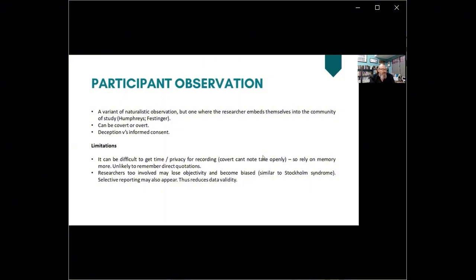Now, this gives us a couple of ethical concerns, and we'll come back to ethics in a few moments' time. But it does involve deception versus informed consent.